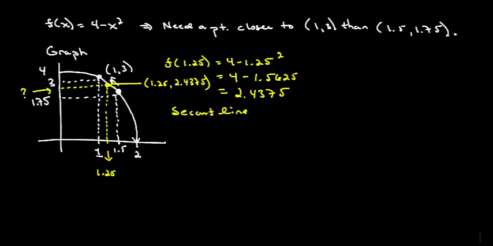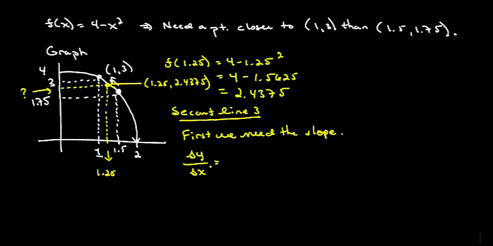And so we want the secant line, I believe this is secant line number 3. To figure out the secant line, we need the slope. If you want to get the equation of a line, you need the slope and then the intercept value. So if the slope is the change in y over the change in x, well, what is the change in y?